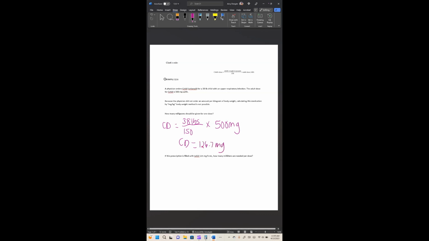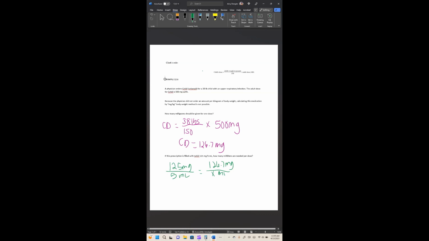And then down here, if the prescription is filled with Cefzil 125 milligrams per 5 ml, how many milliliters will be needed per dose? So I'm just going to fill in the 125 milligrams over 5 ml. And then I'm going to plug in the 126.7 milligrams to figure out how many ml.